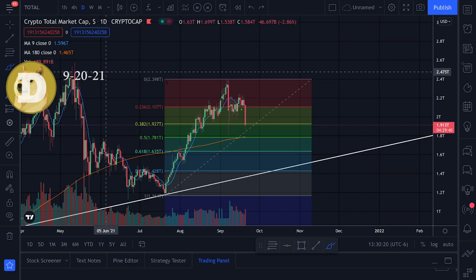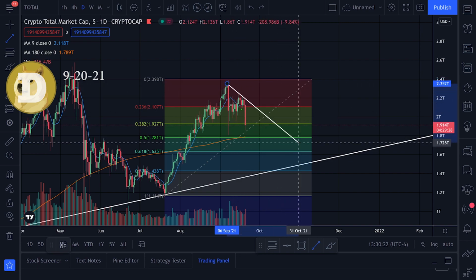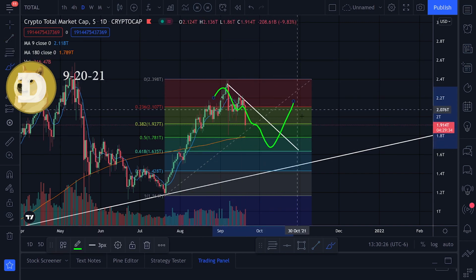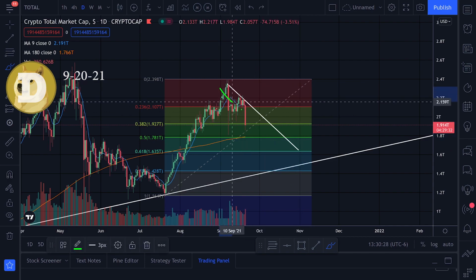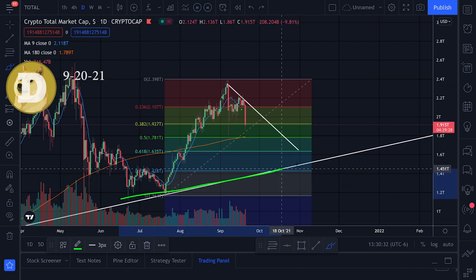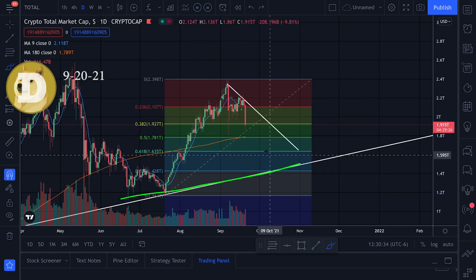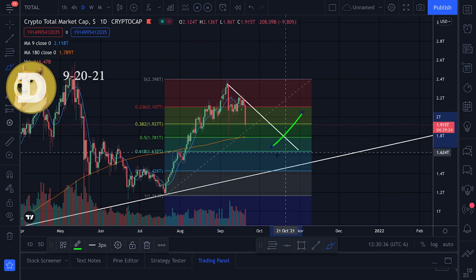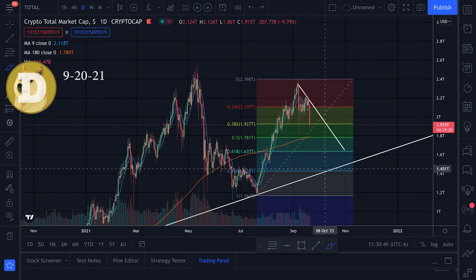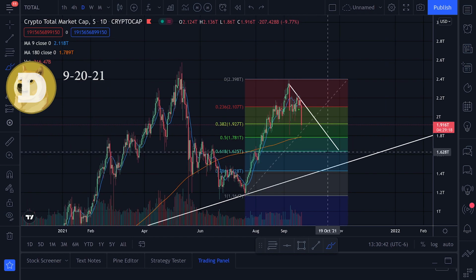So until we break this downtrend going to the upside, I think we can assume that we're trending down pretty much, or at least in between an uptrend and a downtrend. So we're going to have to wait and see if we break this one going up, or if we break this one going down, to see which way we're really going to be going in the longer term.